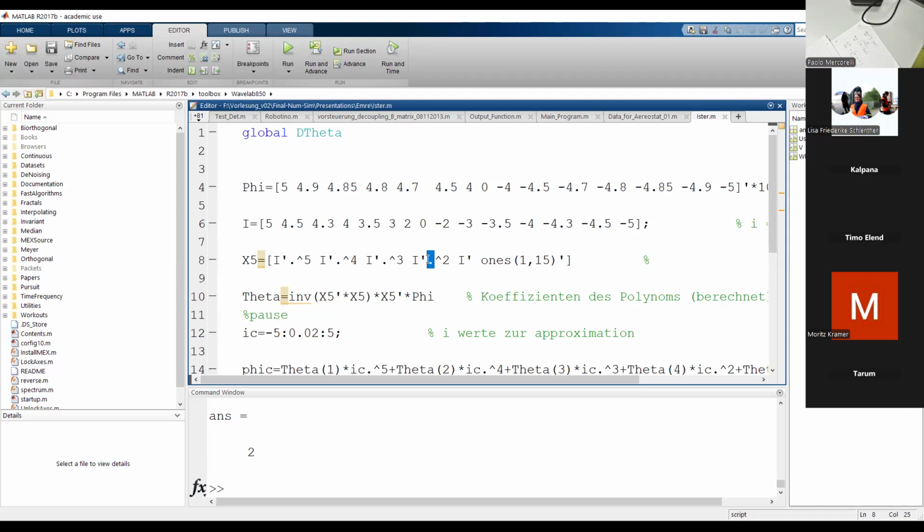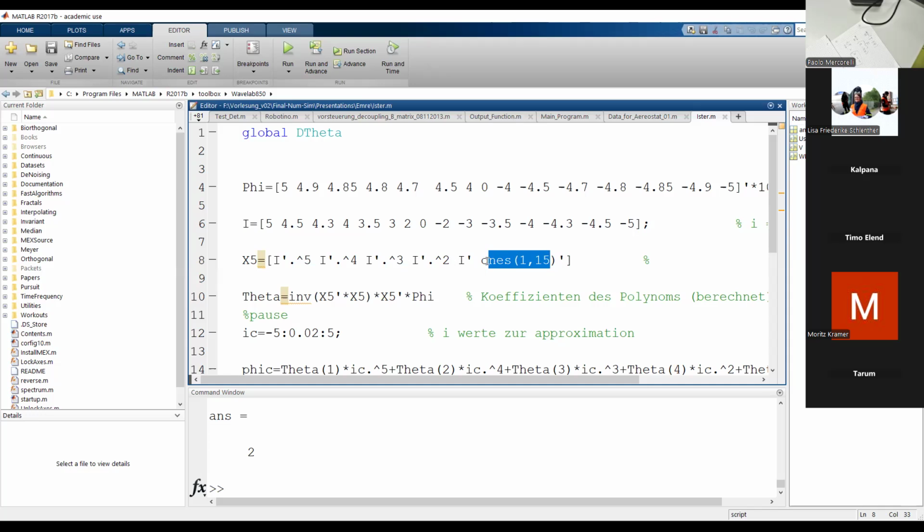The vector square in our context is each element squared, if you want. And here we have a column, because MATLAB interprets this 1,15 as a row of ones, 15 ones, because 15 is the number of measurements.